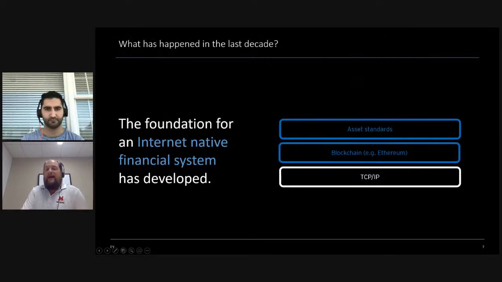So what has happened in the last decade, and how does this relate to blockchain? Well, in the last decade, the foundation for an internet native financial system has basically been developed. Blockchain presents a solution to the internet's problem of not being able to preserve the scarcity of digital things.